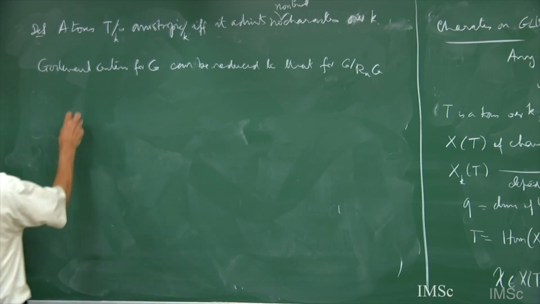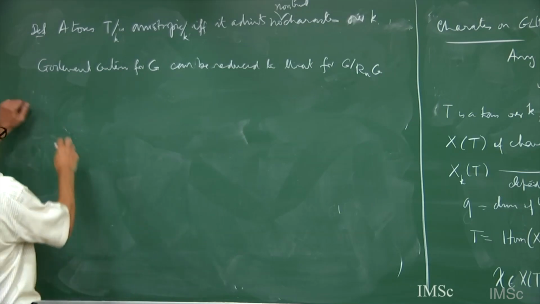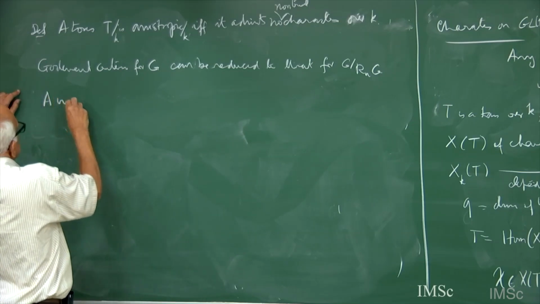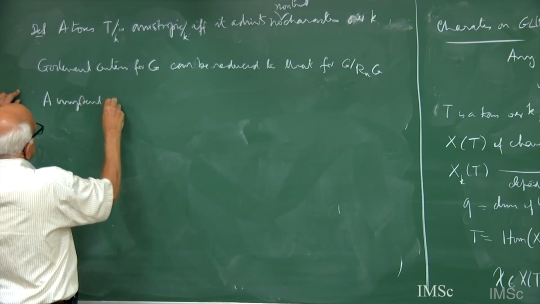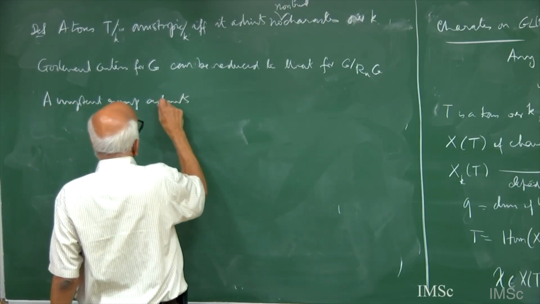You see, you have this mapping. First let me remark here that a unipotent group admits no non-trivial character.